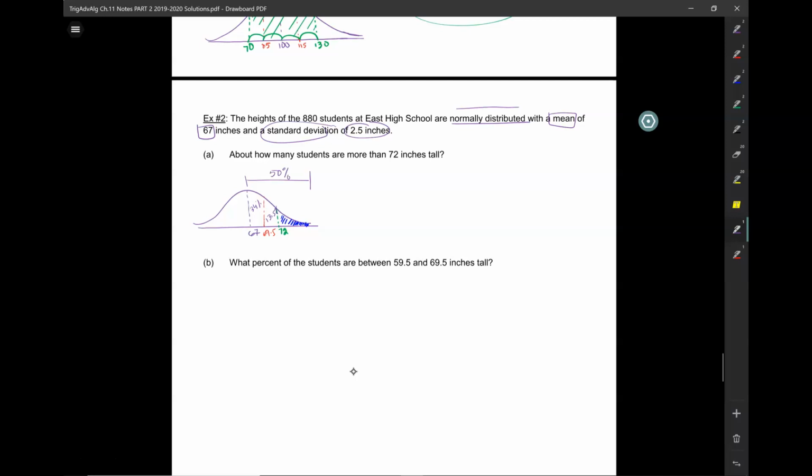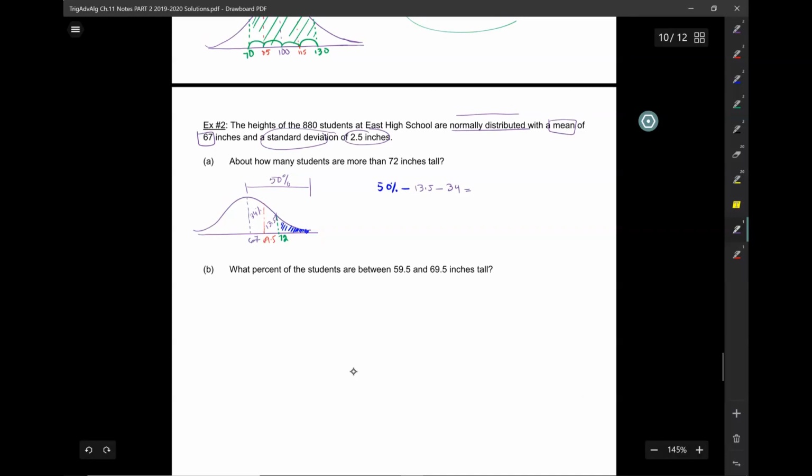So I can do that blue part is 50% minus 13.5 minus 34. How much is that? Is that 2.5%? Okay, so now that's 2.5% of the population of 880.